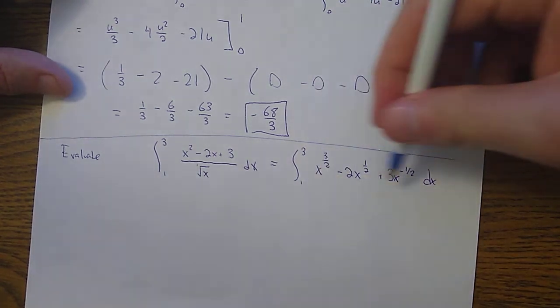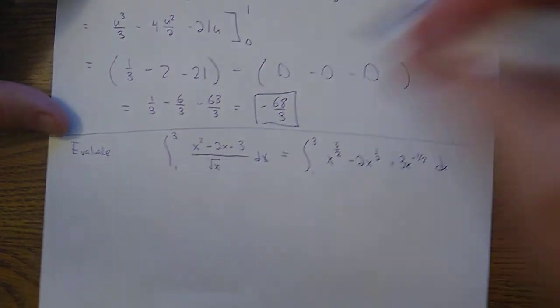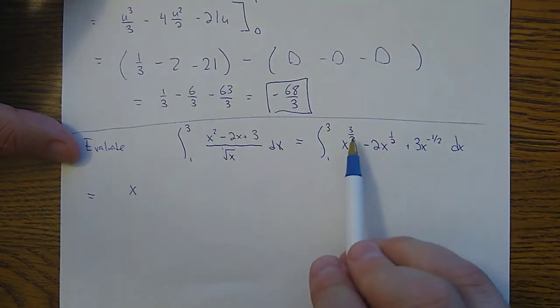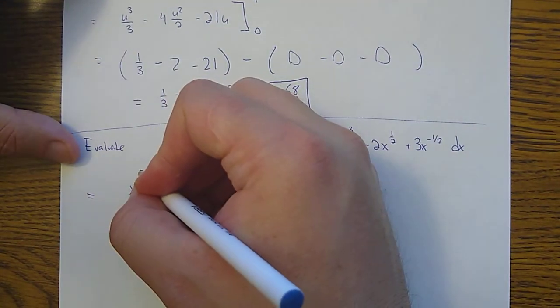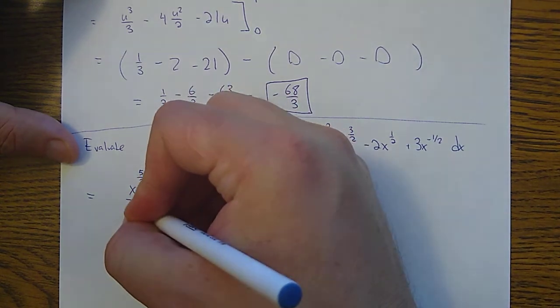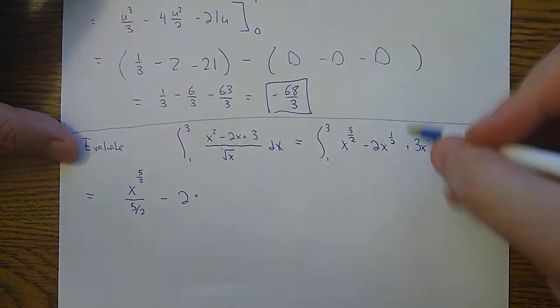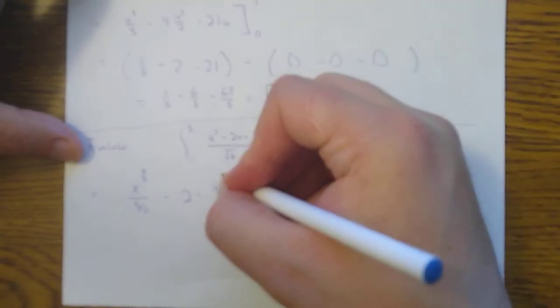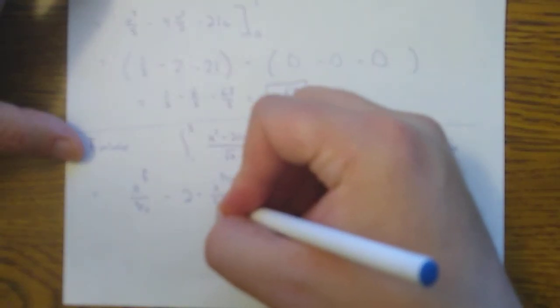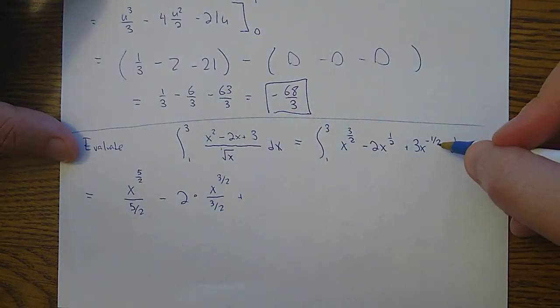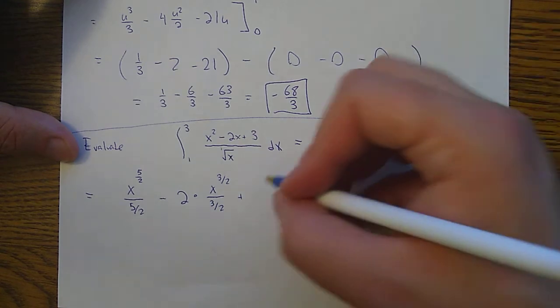Yeah, so we simplified it, and now I can use the rules for powers of x. So 3/2 plus 1 would be 5/2. 1/2 plus 1 would be 3/2. Negative 1/2 plus 1 would be positive 1/2.